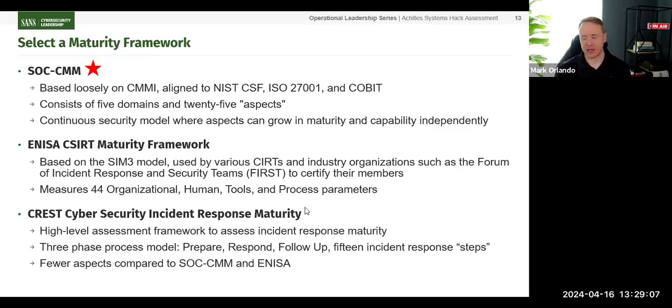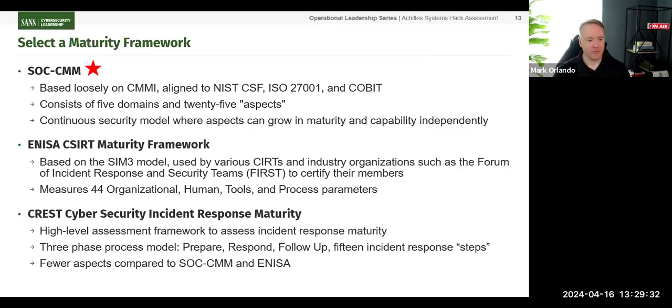But again, if we're just getting started and we want a slightly simpler model, these latter two might be more appropriate. I have a star next to SOC CMM, happens to be my personal favorite. And I use it all the time to assess various SOC teams and CSIRTs and CSOCs and so forth. So that's one I like. But what's important is that we pick a model and we use that as a yardstick to measure our progress.